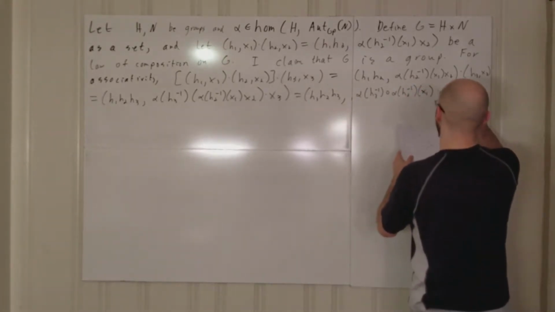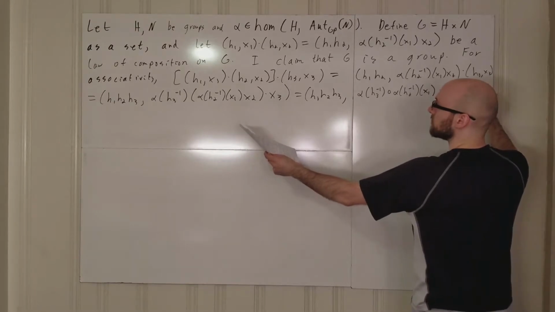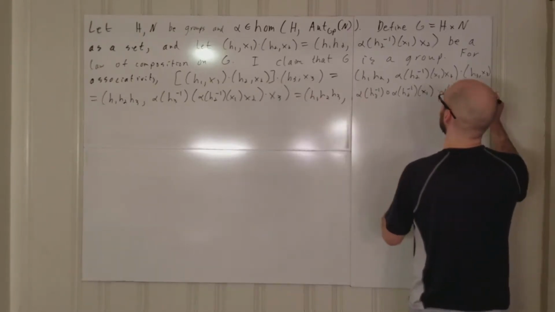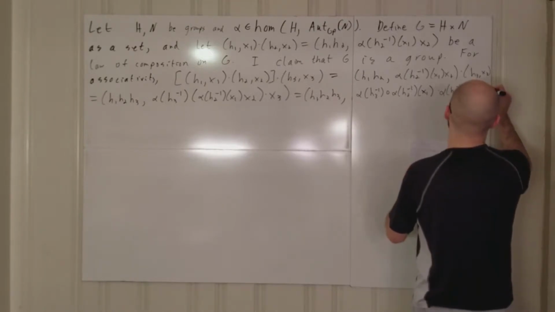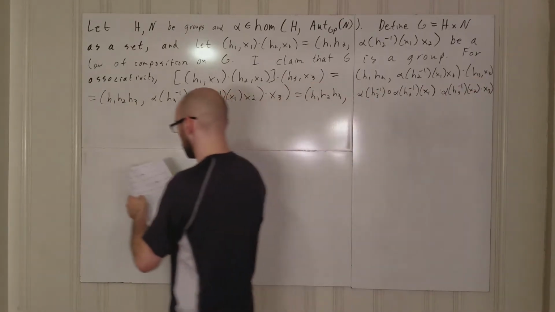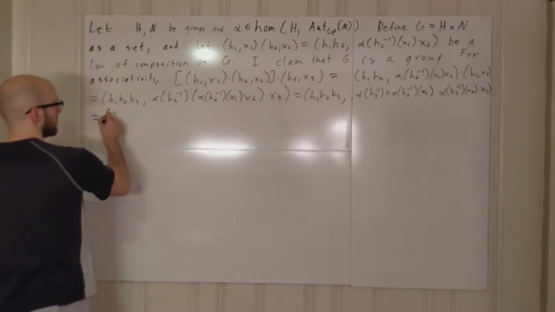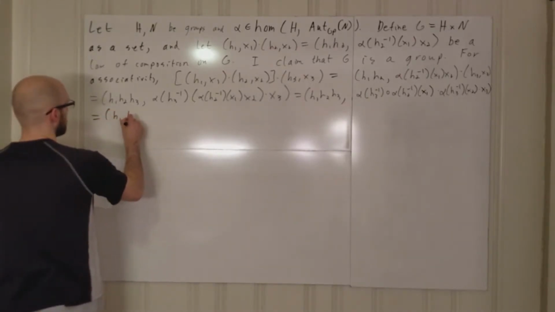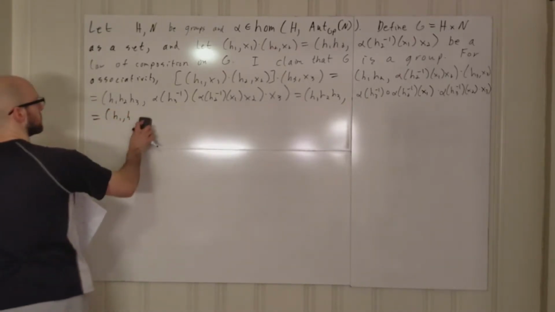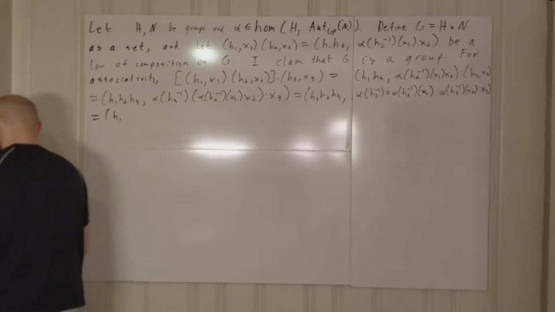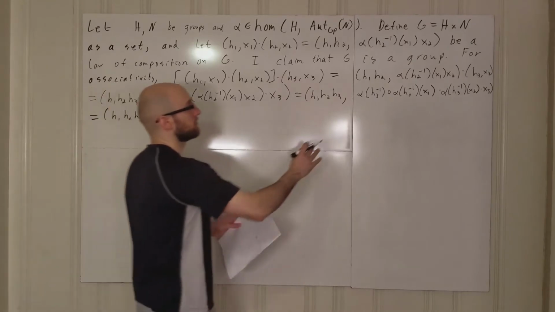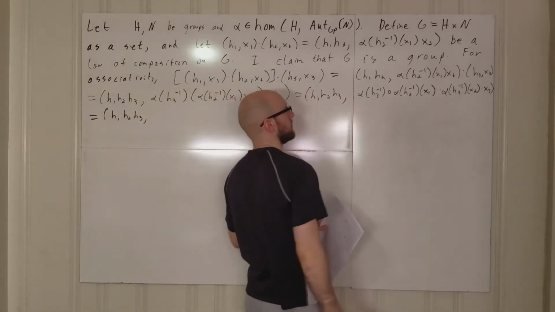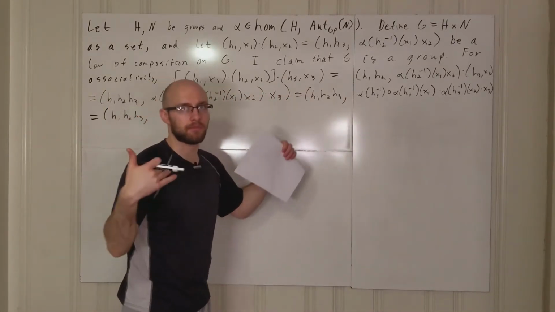So this is alpha h3 inverse of x2, and then of course we're still multiplying by that x3. The h1, h2, h3 stays there, and that's just going to keep sticking around.